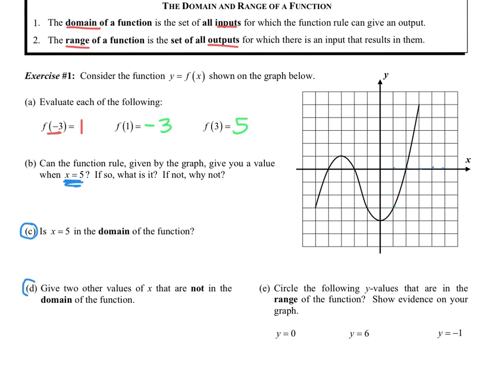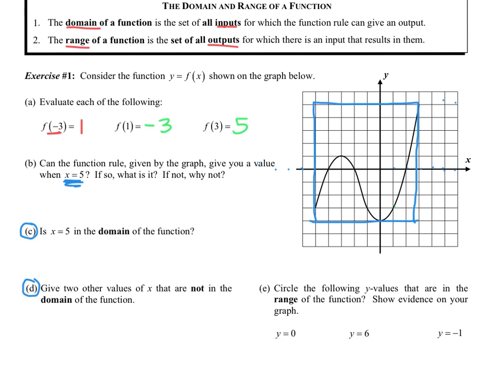Part D says, give two other values of x that are not in the domain of the function. Well, x equals 5 has no point, x equals 6 has no point, x equals 7, or x equals negative 6, negative 10, negative 12. That graph is contained all within here. In fact, sometimes it helps us to draw a box around that function to determine these domains and the ranges.